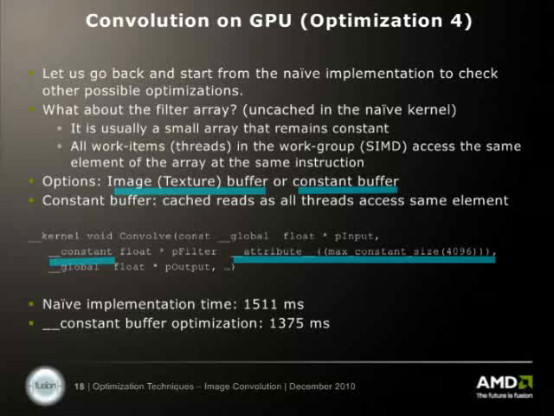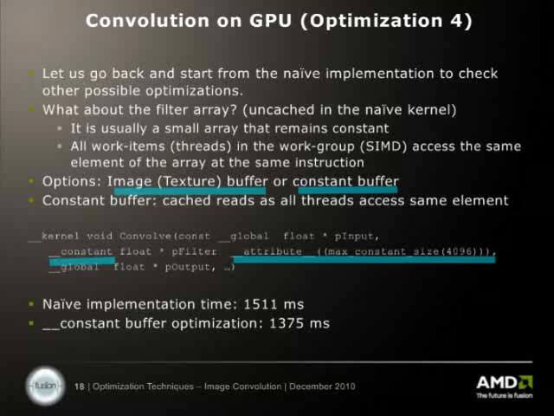Or we can use the constant buffer. How do we use the constant buffer? We say __constant instead of __global, and for our GPUs right now, we have to say what the max size is. If our max size is less than 64K bytes, then it's good. We cannot right now support more than 64K bytes.